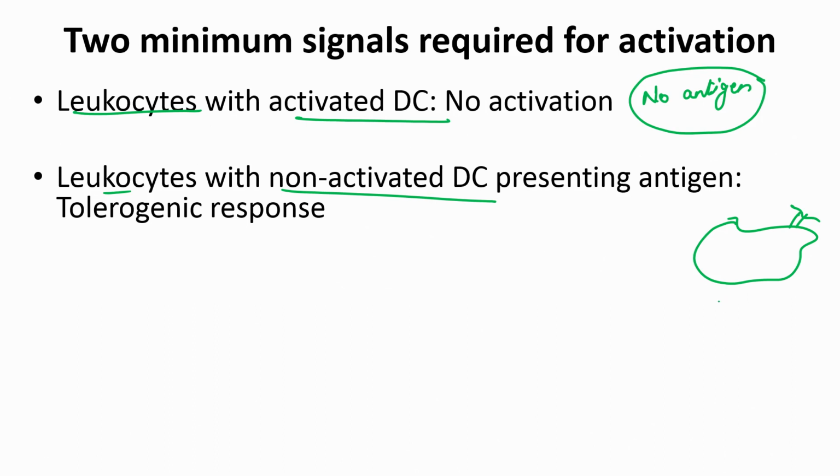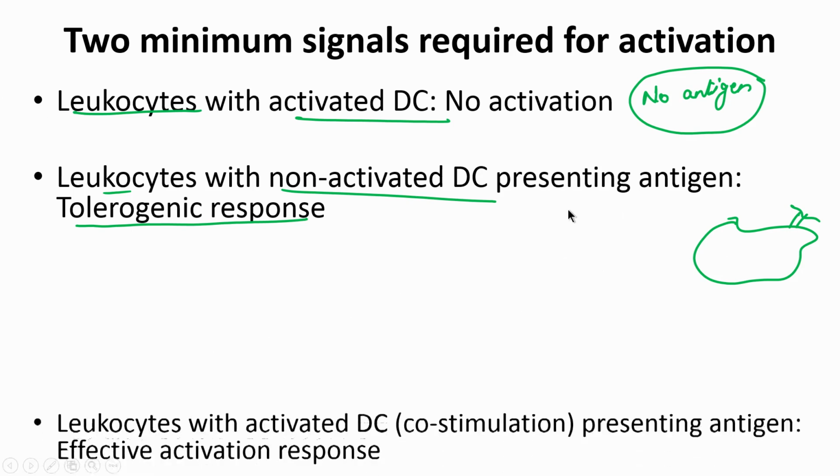It is not going to give any signal, and in fact what will happen is that it is going to cause a tolerogenic response, which means that whatever leukocytes are coming in, they are going to become tolerogenic to that antigen, because there is no activation. That means the antigen has to be self, because non-self antigen will cause activation to happen, and so that is why it will result in a tolerogenic response.